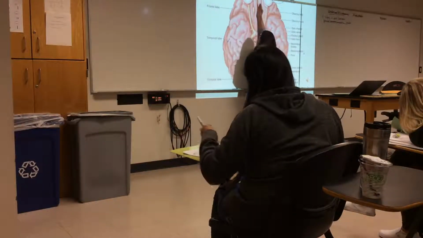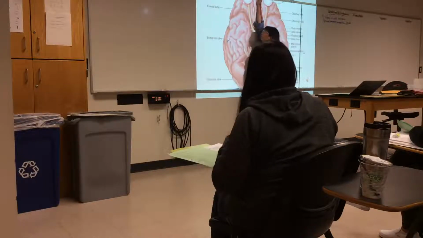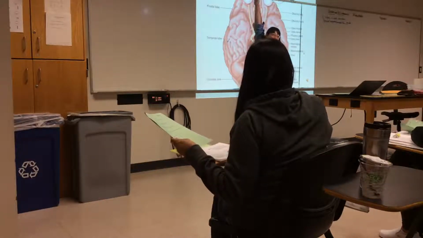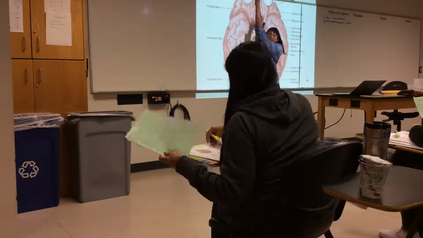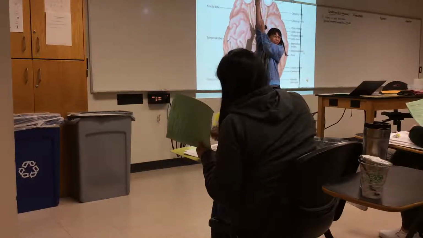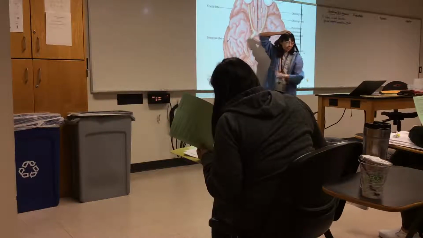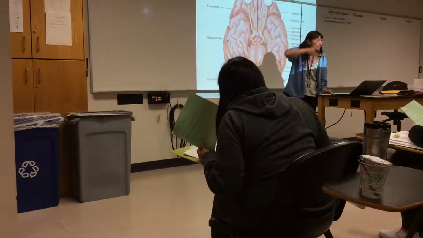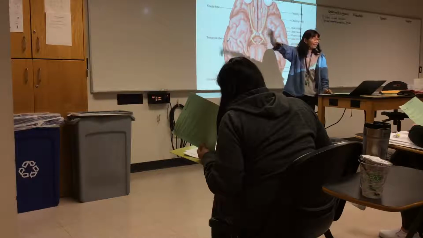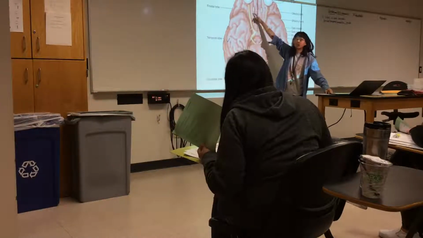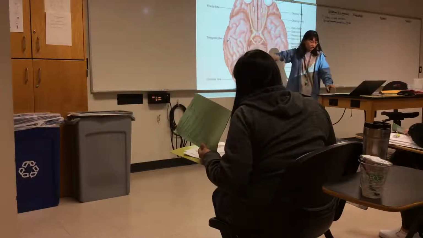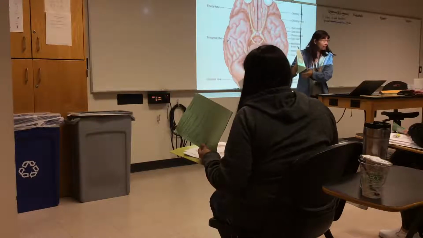So right here, where my hand is, that's the great longitudinal fissure. It divides the two halves. Okay? The great longitudinal fissure divides the two hemispheres. A fissure is a deep crack, deep enough to separate the two halves. Okay? That's a fissure. Does that make sense?